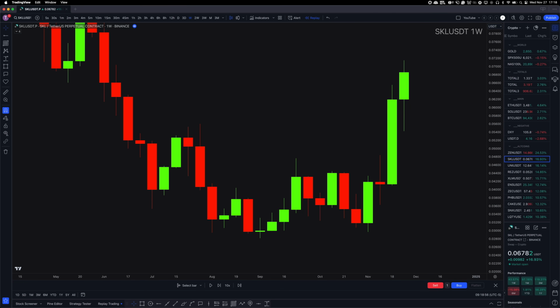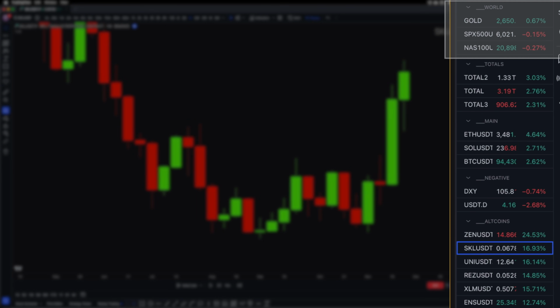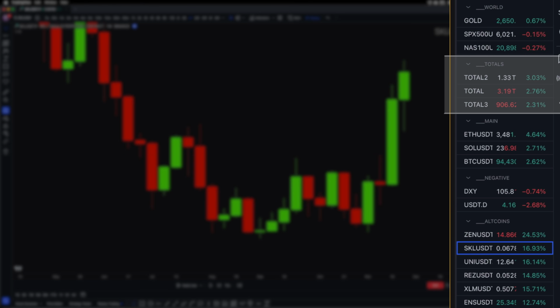Before even trading, let's take a look at the day first. As you can see, we have a strong gold today, but stock markets are on the weak side. Also, do not forget, stock markets were in the pre-market when I was looking at the charts. So at the end, the world is a mixed bag right now. However, we have these extremely strong totals. After the mini crash, coins are getting their power back, especially today.